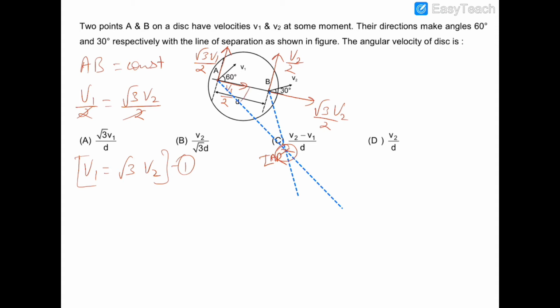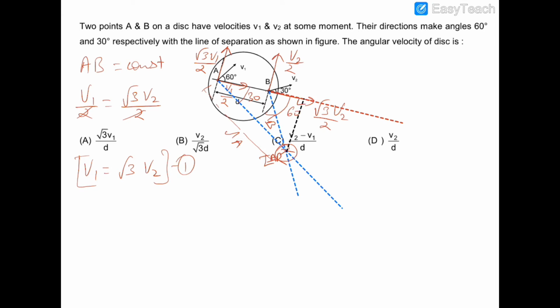So this angle is 30 and this angle is 60. And if the distance of A from IAR is RA and this is RB, the distance of B, then we draw a perpendicular on this line from IAR like that.